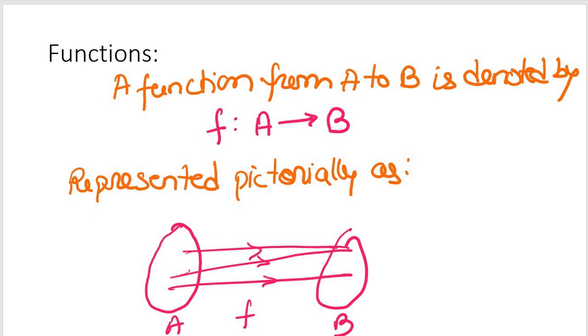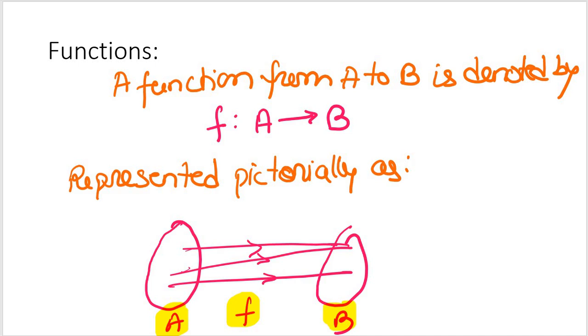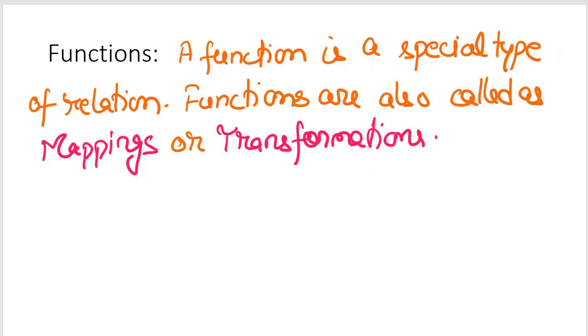So what we have is a function f which is a mapping from A to B. That's why, in the basic definition, we said that these are also called mappings or transformations.